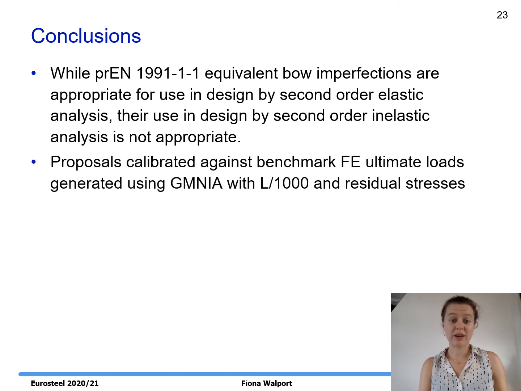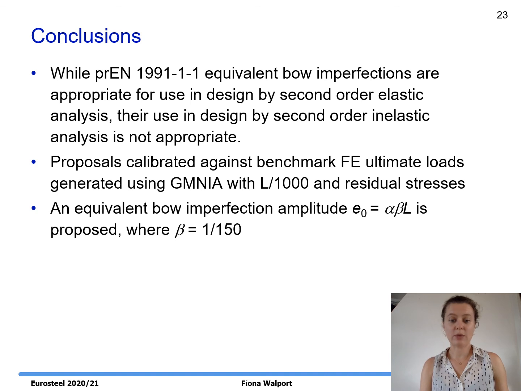Thus, new equivalent imperfections were sought, and following calibration against benchmark finite element ultimate loads generated using second order inelastic analysis with imperfections of member length L over 1,000 and residual stresses, a proposal was made where beta equals 1 over 150 for all materials and cross sections.